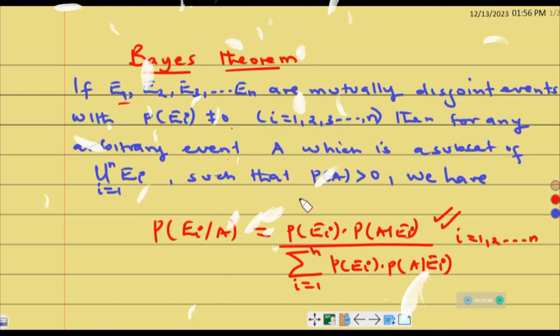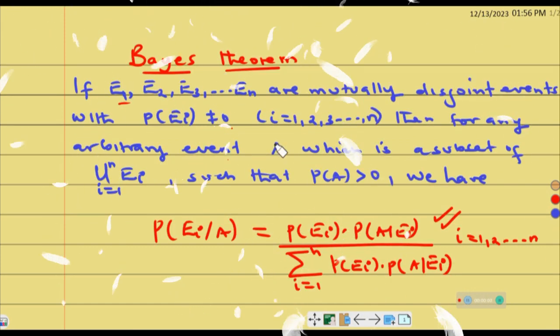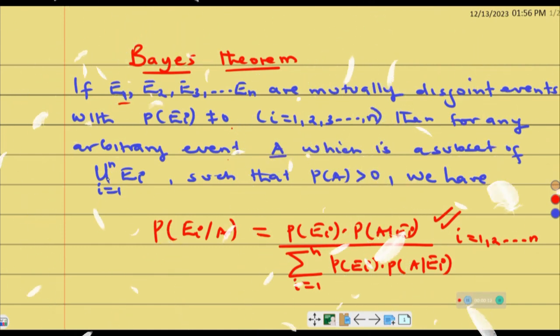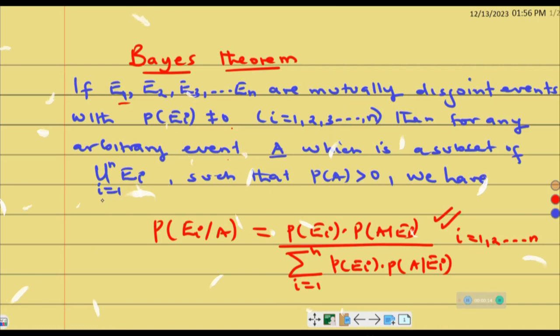According to the statement, we have already seen that our arbitrary event A is a subset of the union of Ei's which are running from 1 to n.